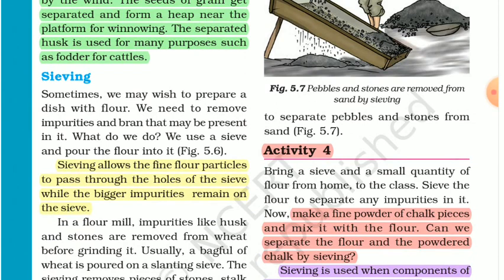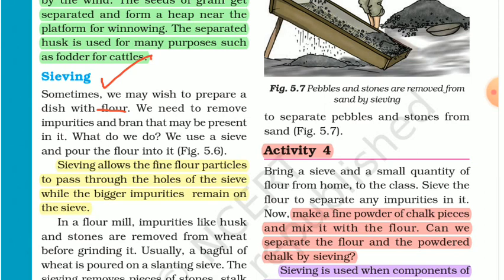As we have already seen the processes of hand picking, threshing and winnowing, the fourth process of separation is what? Sieving. Now what is this sieving? To prepare chapati, obviously we need flour, right? So we need to remove the impurities which are present in the flour.